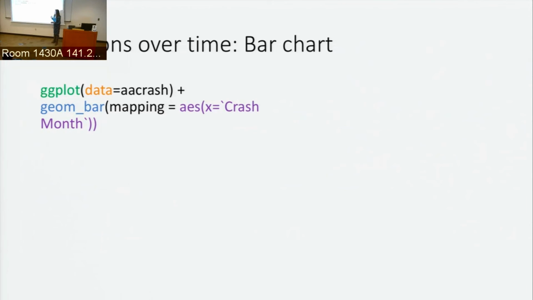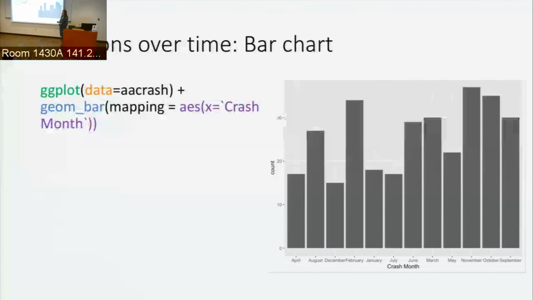So what this is going to do is plot crash month on the x-axis, and ggplot2 defaults to plotting a total count of how many crashes happen in each month. One thing you might notice is that these months are not ordered chronologically.